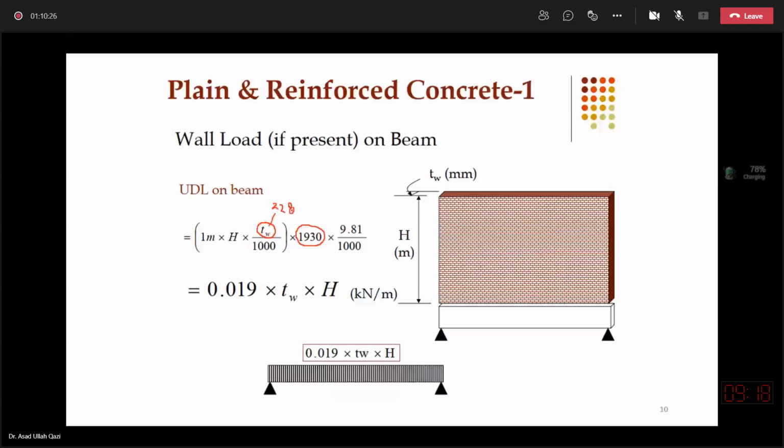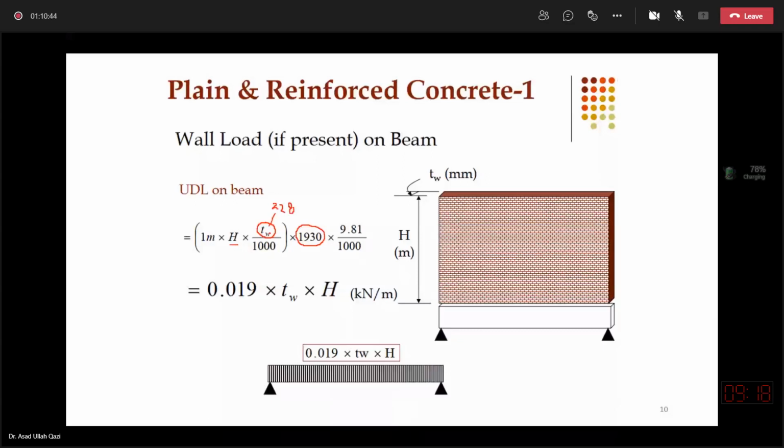The height, in our normal building, story height is 3 meter, so H is 3 meter.